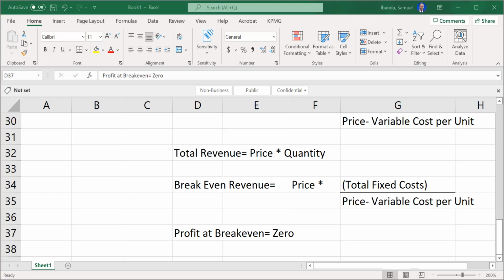Now, the economists have another interpretation of CVP. They have another recommendation of how a curve should actually look.